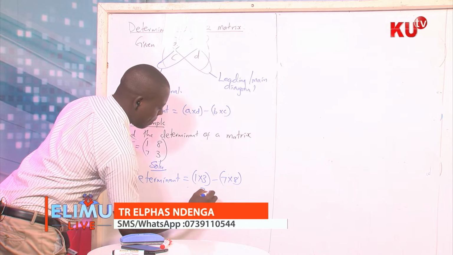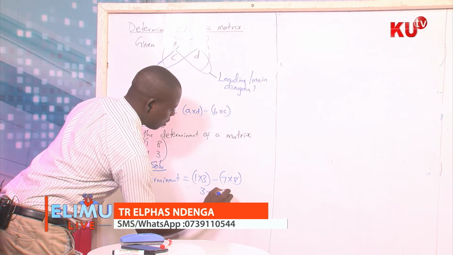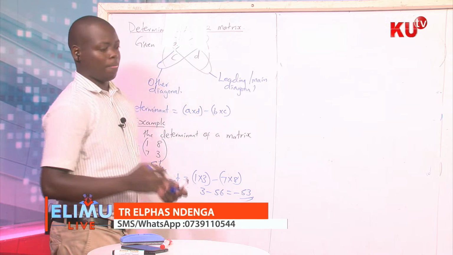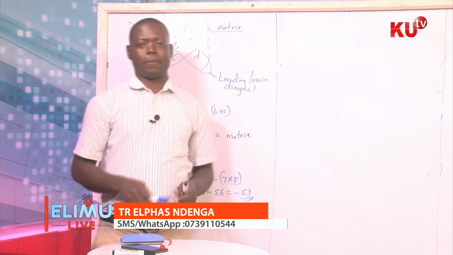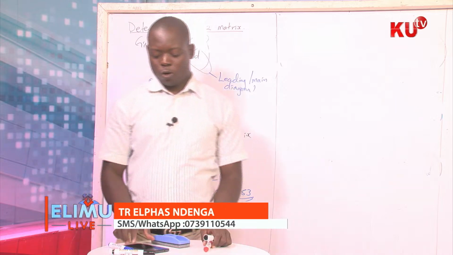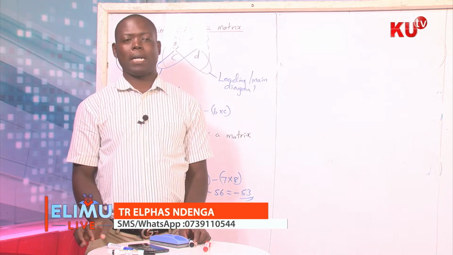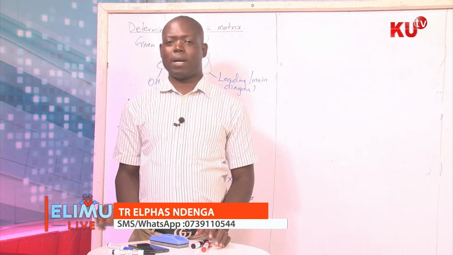This gives us 3 minus 56, which is negative 53. So that is what we have under the introduction of matrices and transformation.